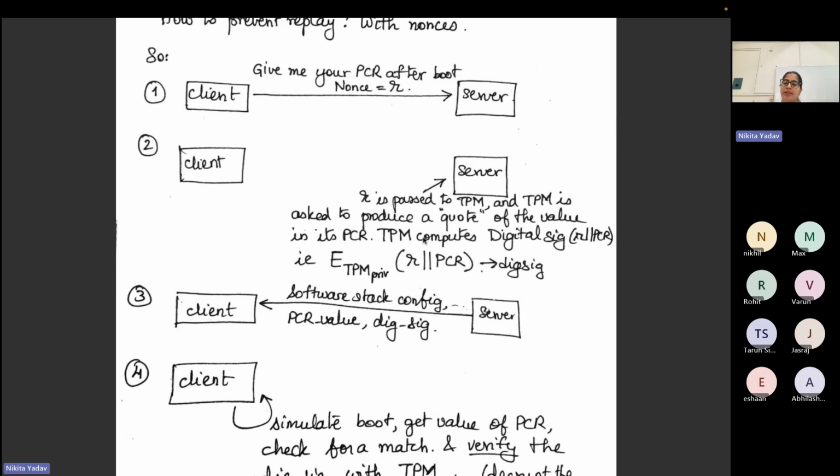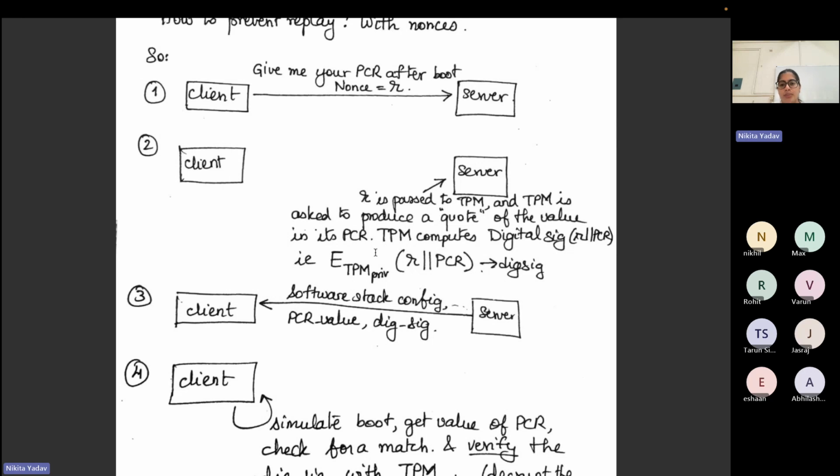The TPM takes the value in its PCR, in this case v3, concatenates it with r, and computes a digital signature over this.